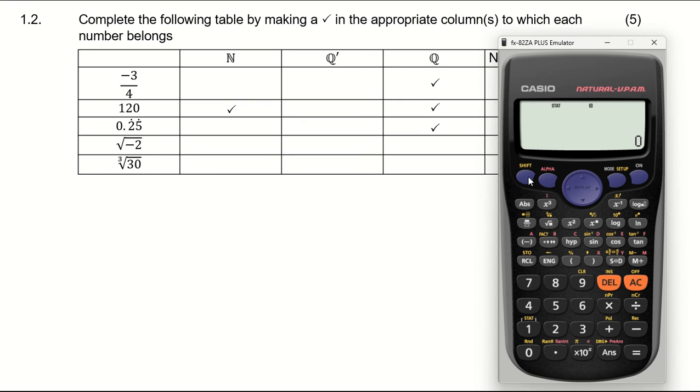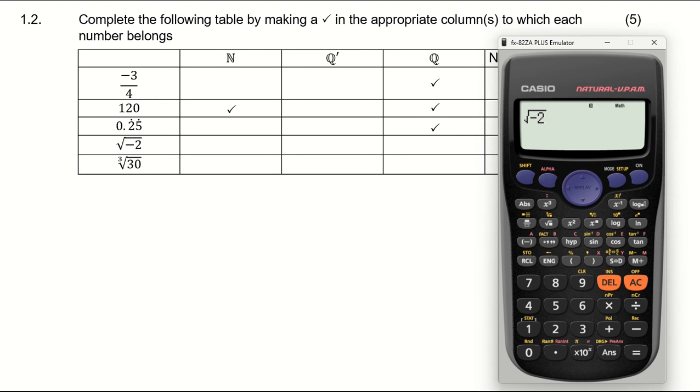Why is it doing that? Okay, do you see what you get? Math error. The fact that you get a math error tells you that that is not a real number. That's why we're going to put it under non-real numbers.